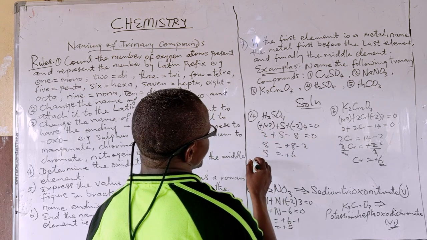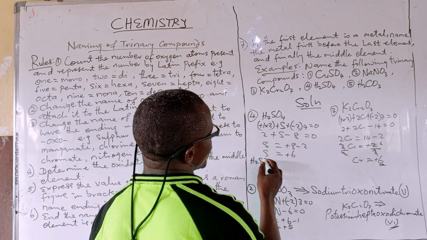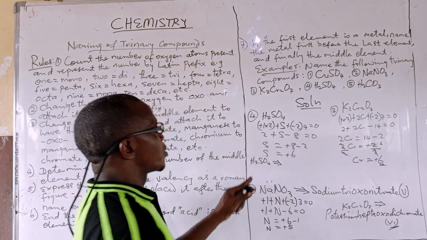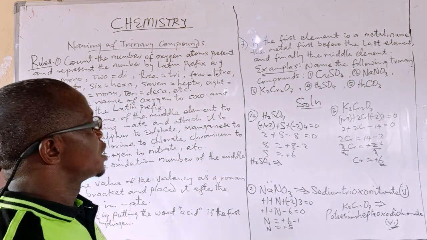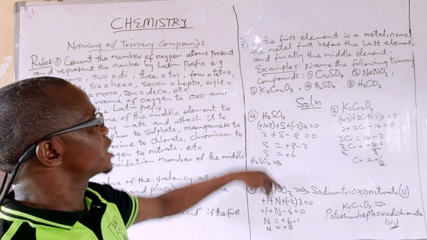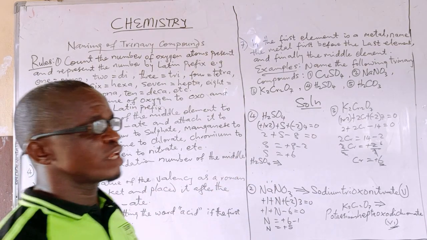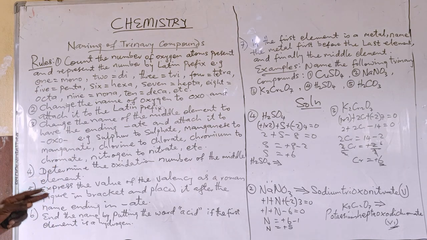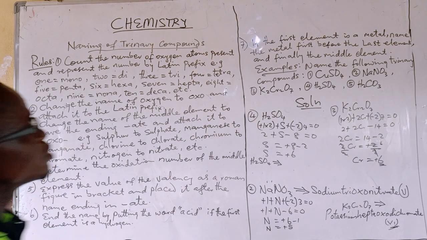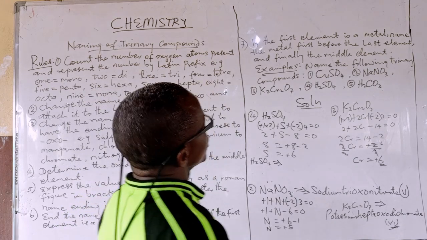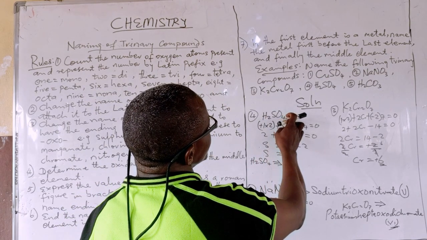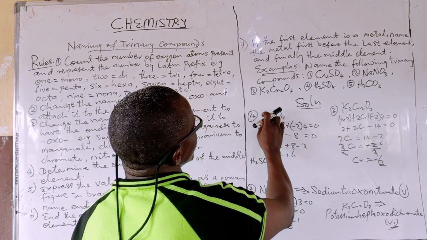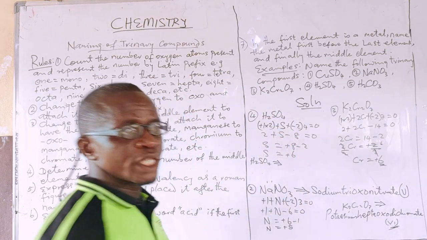So the name of H2SO4 is, remember this one starts with H and is not a metal. Hydrogen is not a metal. Whenever you have hydrogen as the first element standing, I told you you should forget about that, and start your naming from the last element. Then end the name with acid.